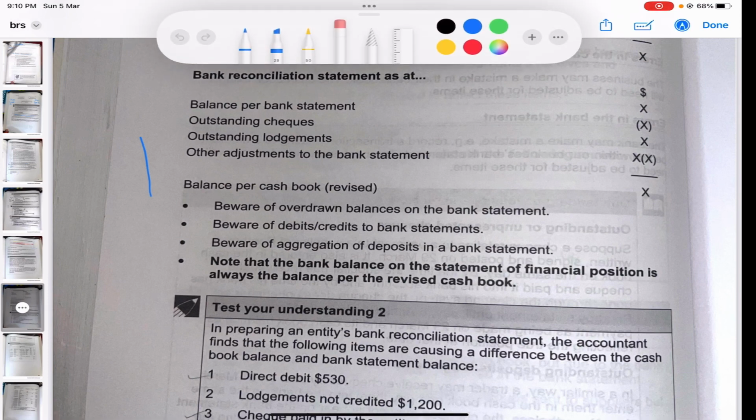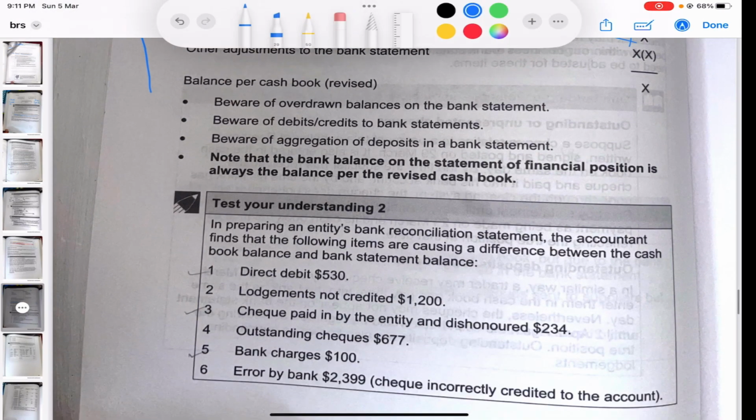So if it is outstanding lodgements, that means it is something which the bank needs to add into my account. And if it's unpresented checks, they haven't presented the check, that means the bank should minus. I hope you are clear with the plus and minus, how we are doing it.